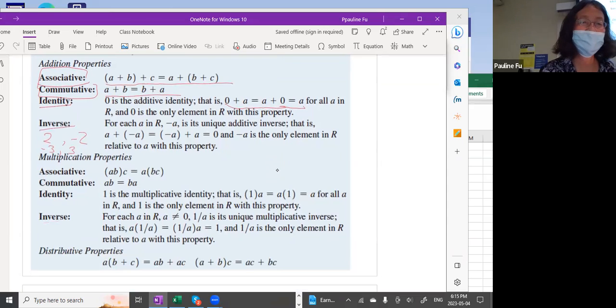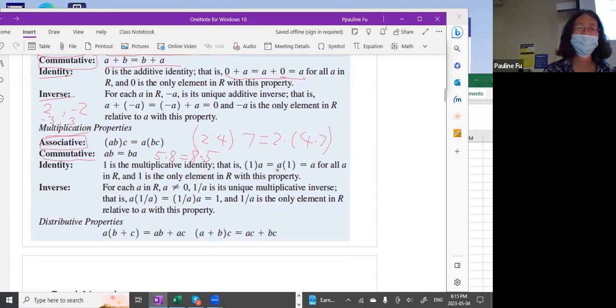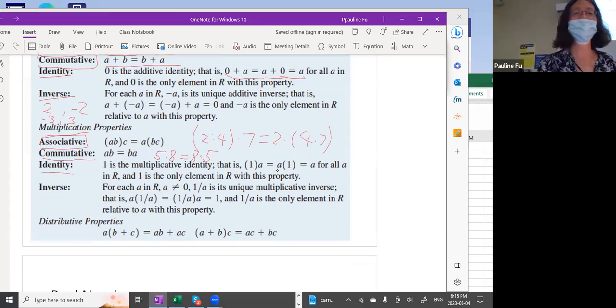Similarly, you have the associative rule for multiplication. For example, 2 times 4, then times 7, equals 2 times 4 times 7. Commutative rule, for example, 5 times 8 equals 8 times 5. Identity: 1 times any number equals any number times 1.